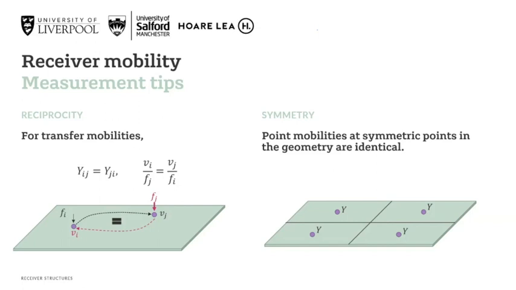So the transfer mobilities are reciprocal. If your slab is generally a rectangular shape and you are at symmetric points, you can assume that the mobility is equivalent at the symmetric points because of homogeneous construction and equal distances from the boundaries.